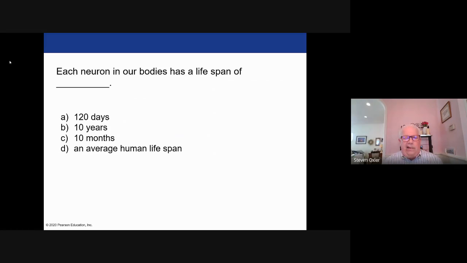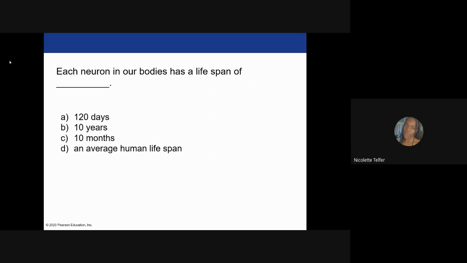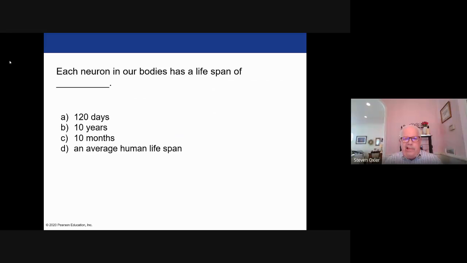Each neuron in our bodies has a lifespan of... B, as in 10 years? Is that your answer? Think again.